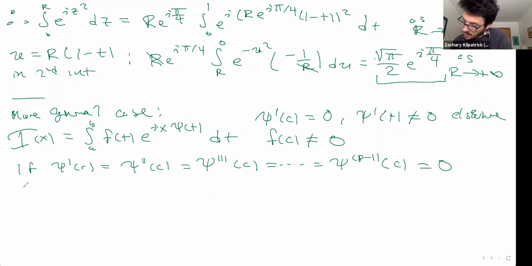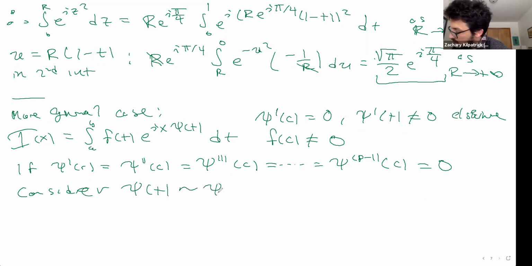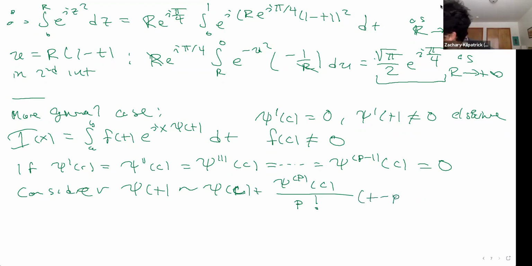If all those equal 0, then you're going to do like we did in Laplace's method, and you'll just consider the expansion psi of t equals psi of c plus psi p of c divided by p factorial times t minus c to the p.